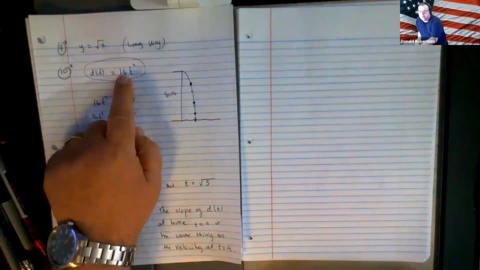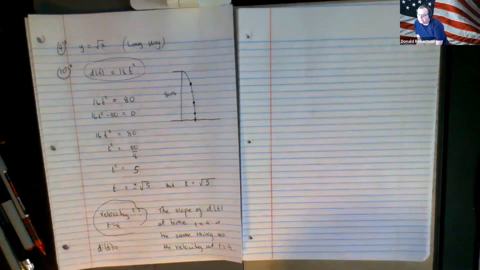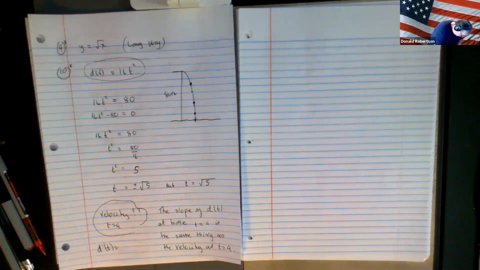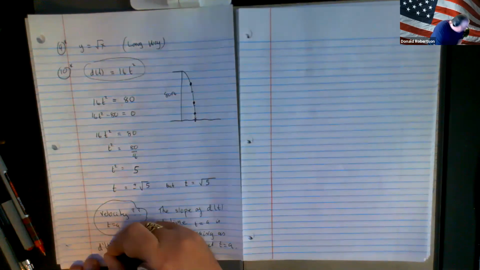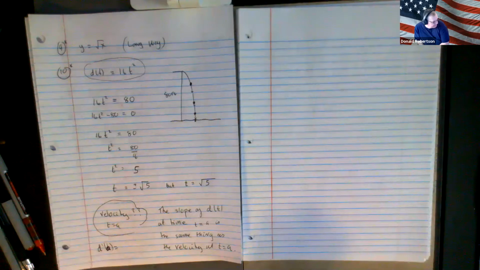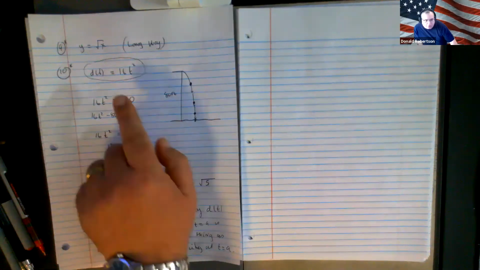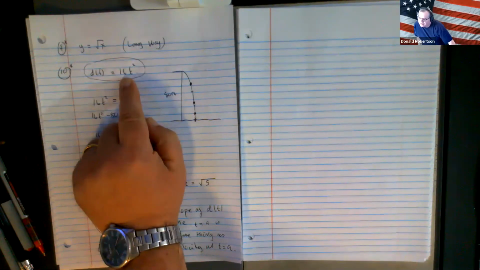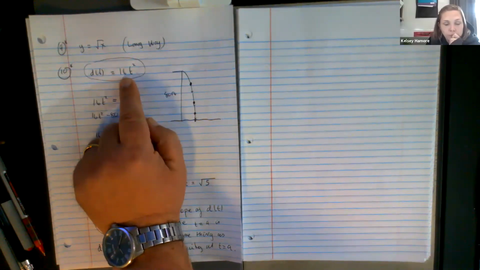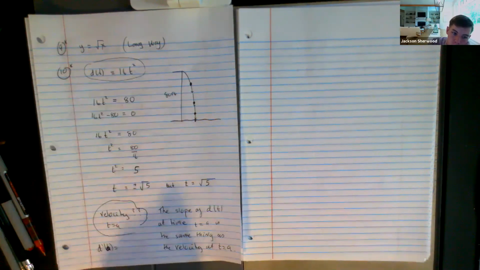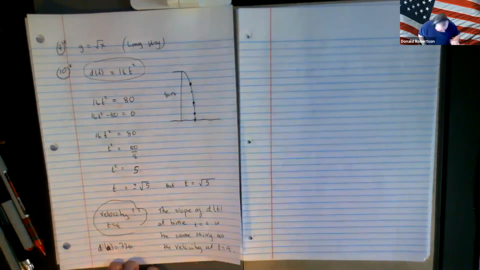Can we use the shortcut on this one? What is the shortcut for the derivative? I keep putting t here, but really I should be putting a, shouldn't I? What is the derivative of this at t equals a? Shortcut method. 32a. Or 32t, whichever you want.